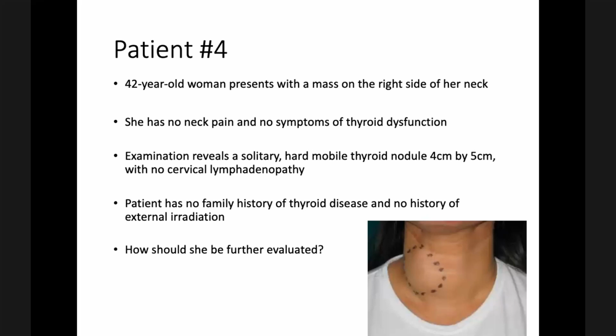But on examination, it's a solitary hard nodule, 4 by 5 centimeters in size, no palpable nodes. So what should be done? Here we have a suspicion whether this could be a malignancy. So we are broadly trying to cover 4 conditions: Graves, toxic multinodular goiters, a simple multinodular goiter, and a nodule with a suspicion of malignancy.